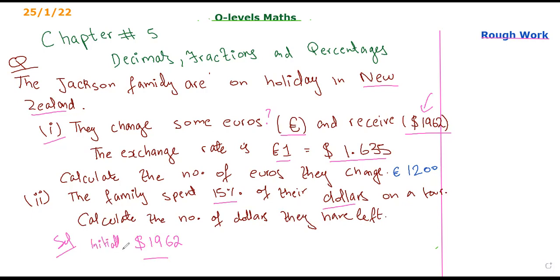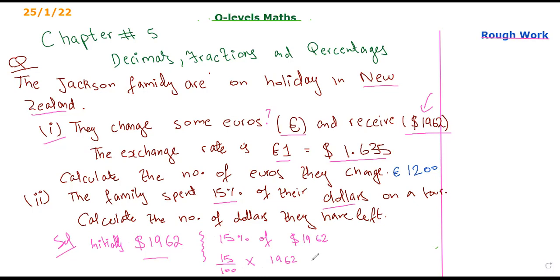15 divided by 100 into 1962. Okay, very good. So we need to find 15% of $1,962. That would be 15%, cent is 100, of is multiply, and this is the amount 1962.